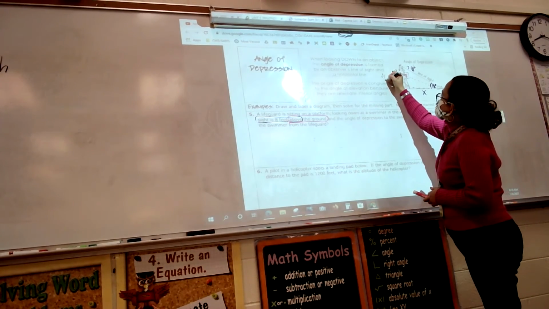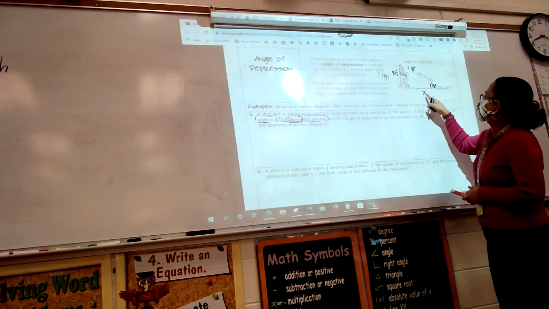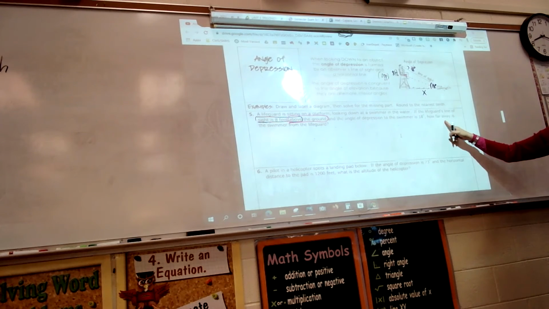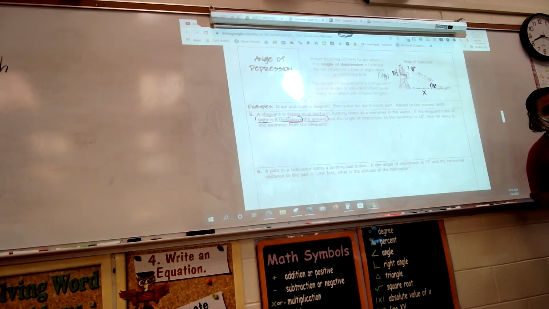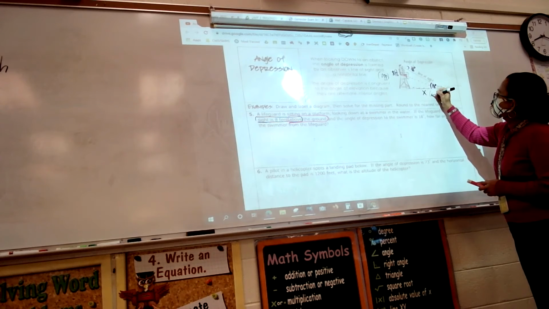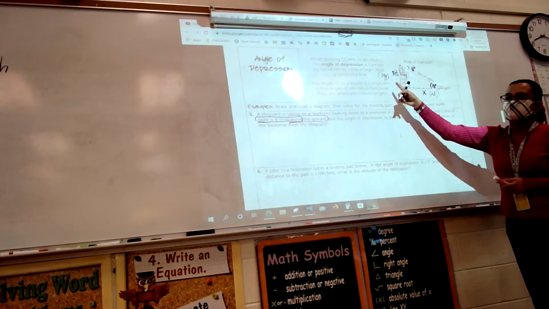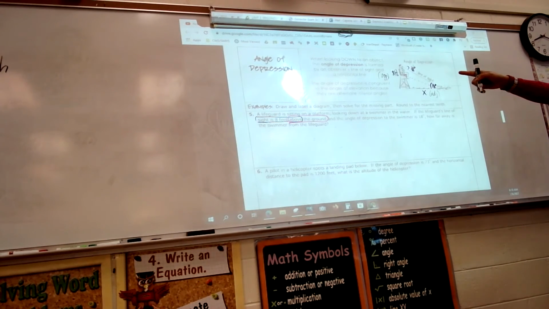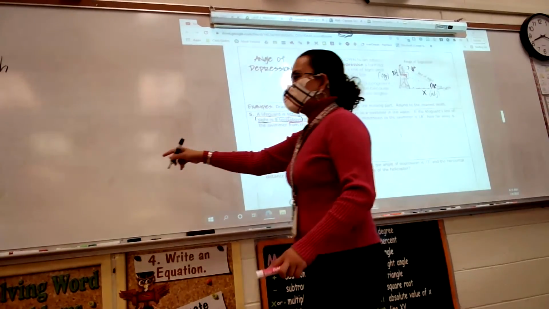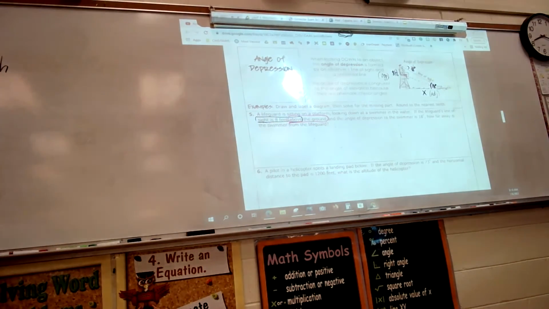Opposite. Now, if that's opposite, what would be the x, which is the part that we need to solve? Adjacent. Okay, so which one contains O and A? Look at here. Which function? Is it sine, cosine, or tangent? Tan.